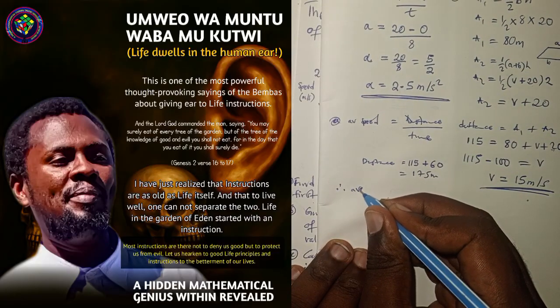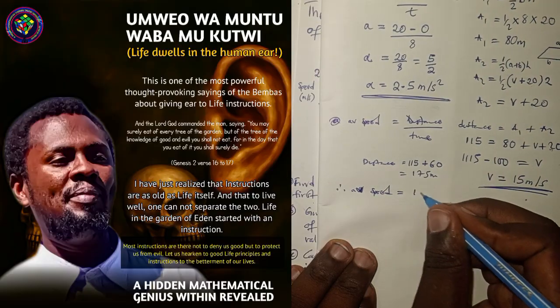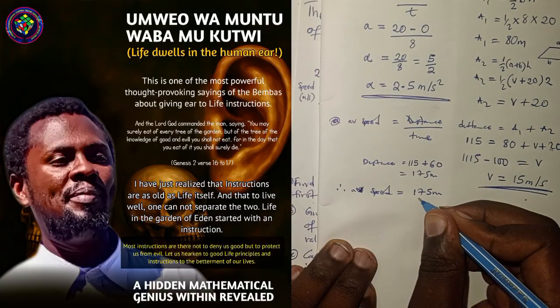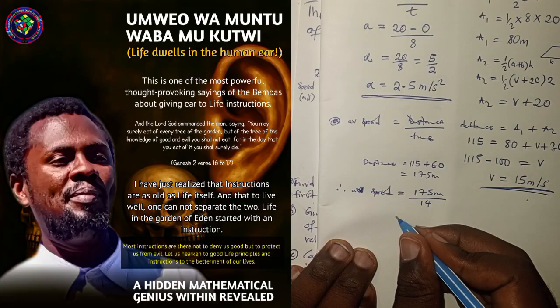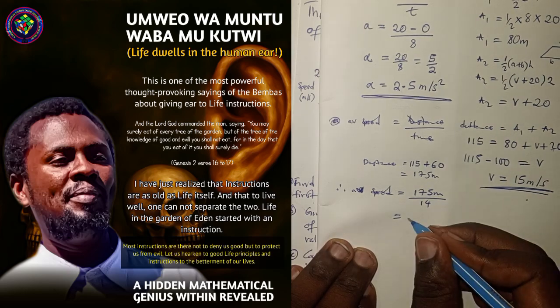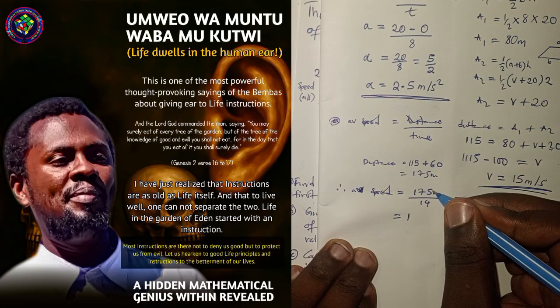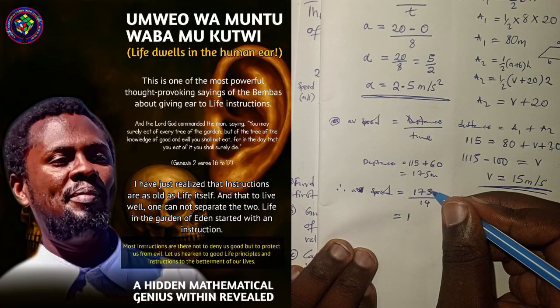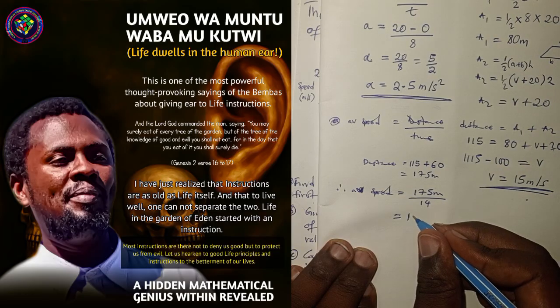Therefore, average speed is equal to distance, which is 175 meters, over the time taken, which is 14. What is 14 in 17? 14 in 17 you get 1, then there is a remainder of 3. What is 14 in 35? 14 in 35 you get 2.